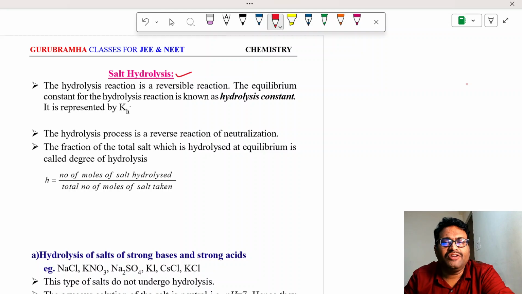Let's see. Salt hydrolysis is a reversible reaction. That means salt reacts with water to form acid and base.